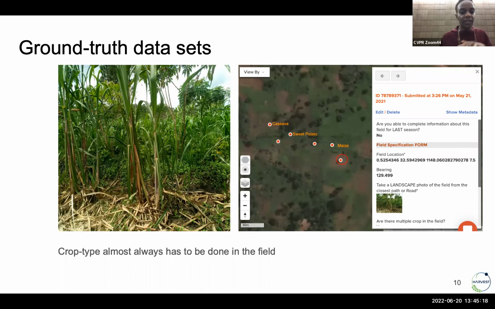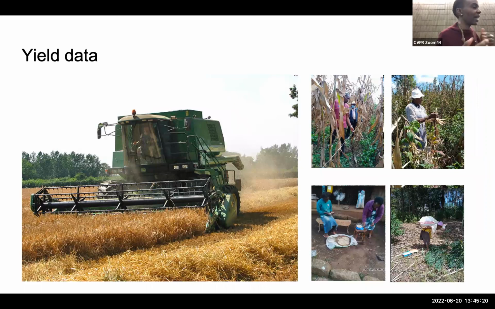Some of the other things, we can access yield data through government organizations, like the USDA publishes some of their yield data. And to show you how complex and expensive and crazy it is, here is an example from Kenya. All these images here, they draw these tiny plots, I think they're 10 by 10 meter.